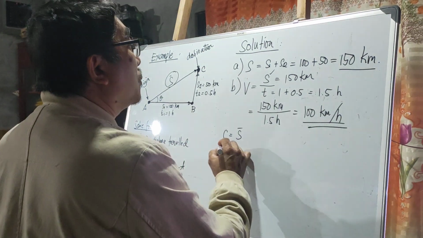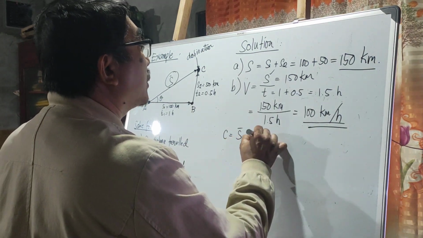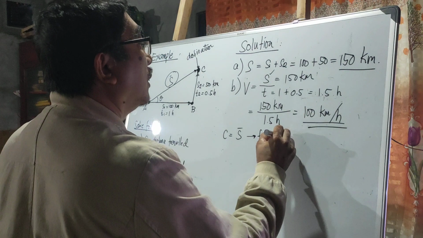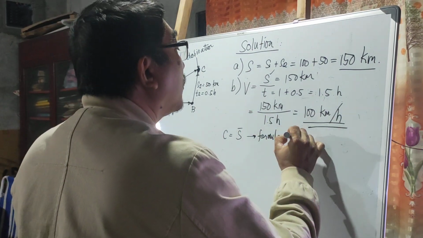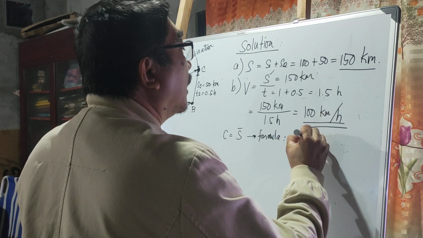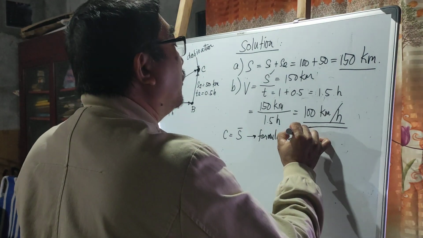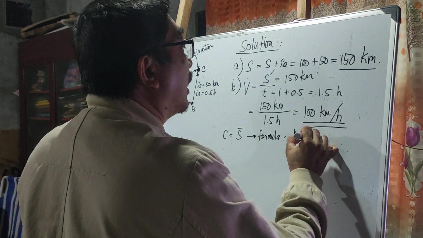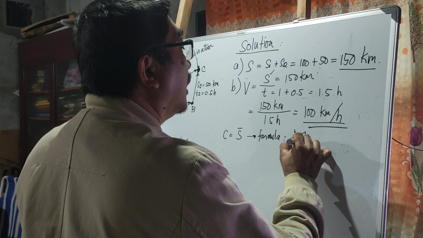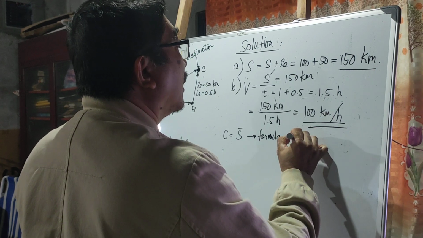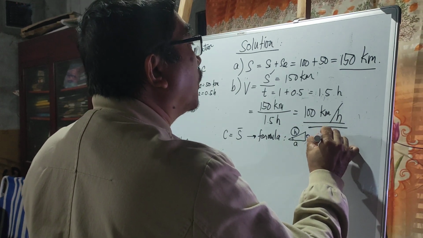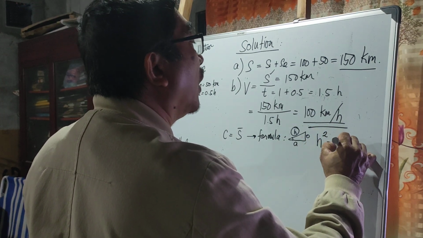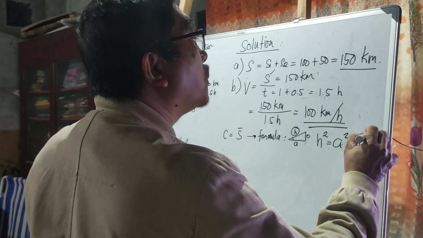The formula, if you still remember, for a right triangle, if this is our hypotenuse, this is our opposite, and this is the adjacent, is to solve for the hypotenuse: hypotenuse squared equals a squared plus o squared.